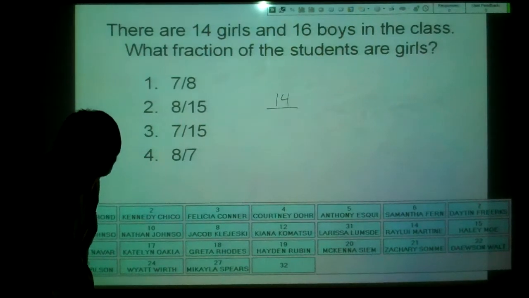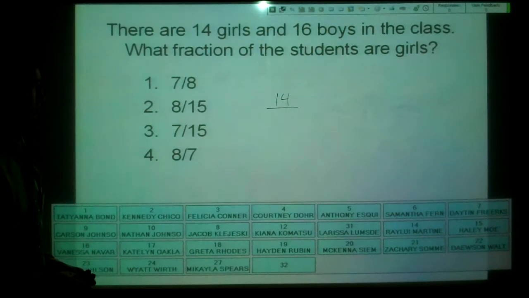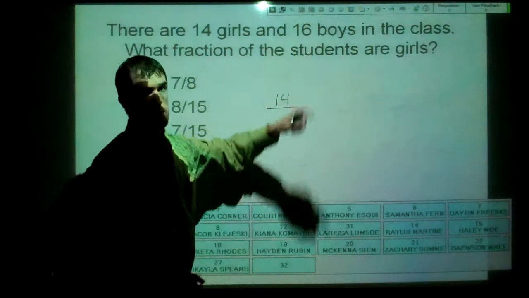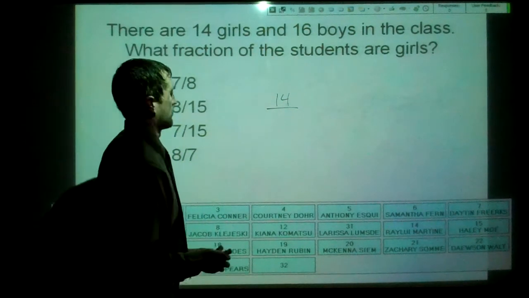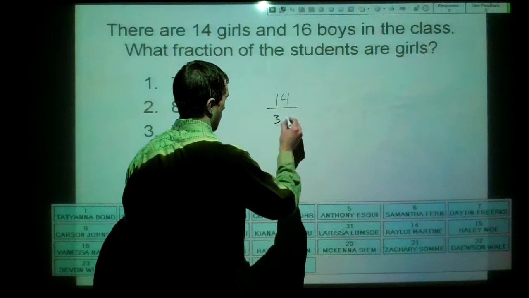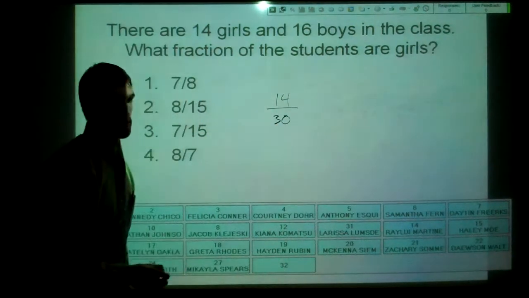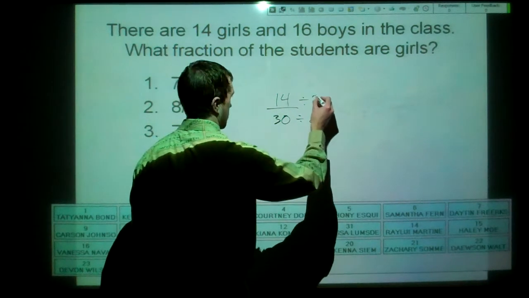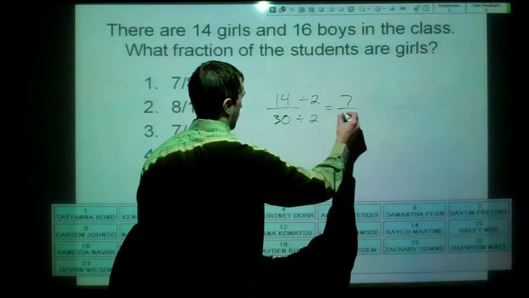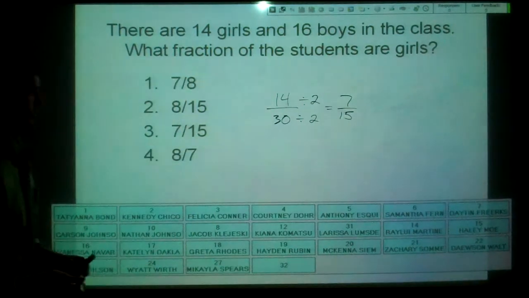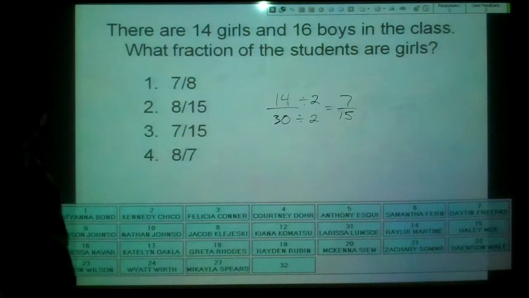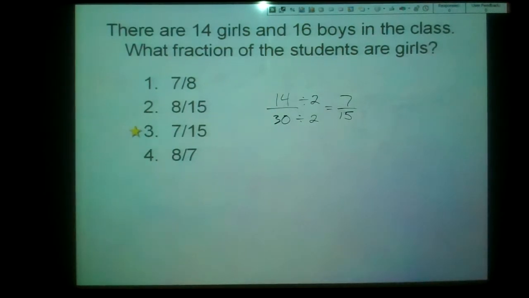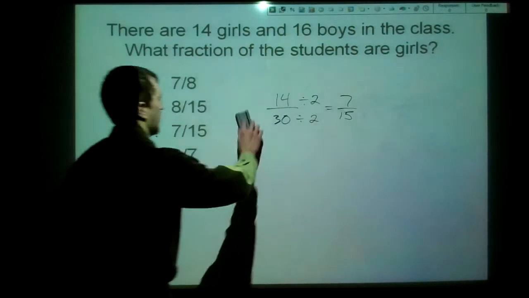We actually have 30 students in that room, because 14 plus 16 is 30. So 14 out of 30. And that can reduce, divide by 2 here, we'll get 7 out of 15. Found a better marker to use here. Alright, so we should have been looking at number 3 there, 7/15. Have to be careful what they're asking for.